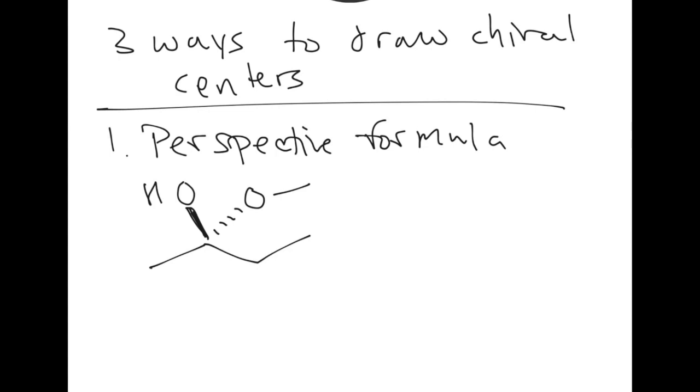And so what this is saying is that the four carbons that make the carbon chain are in the plane of the page. The OH is sticking straight out at you. The methoxy group is pointed away from you.